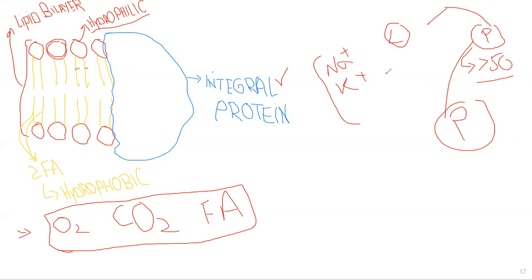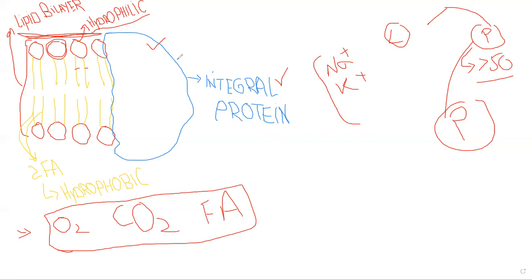To overcome this problem, nature made a special type of protein embedded in the lipid bilayer structure of the cell membrane. These are called integral proteins. They may act as carrier proteins which transport substances that are not lipid soluble or are of heavy molecular weight.